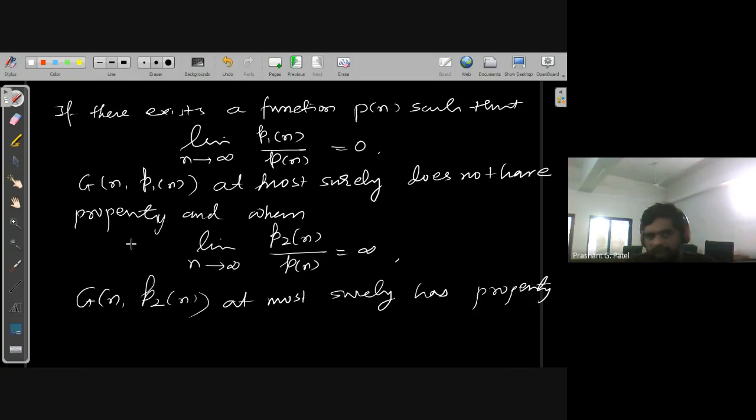So if G(n, p1) almost surely does not have that property, and this limit is infinity and p2 almost surely has that property, then we say that a phase transition has occurred.